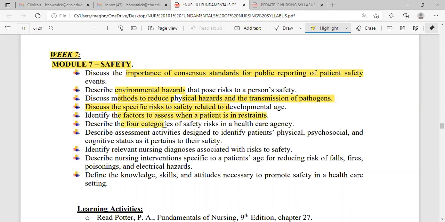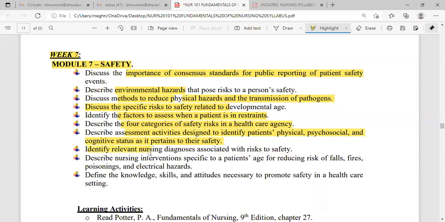Describe the 4 categories of safety risks in healthcare agencies. Describe assessment activities designed to identify the patient's physical, psychosocial, and cognitive status as it relates to their safety.